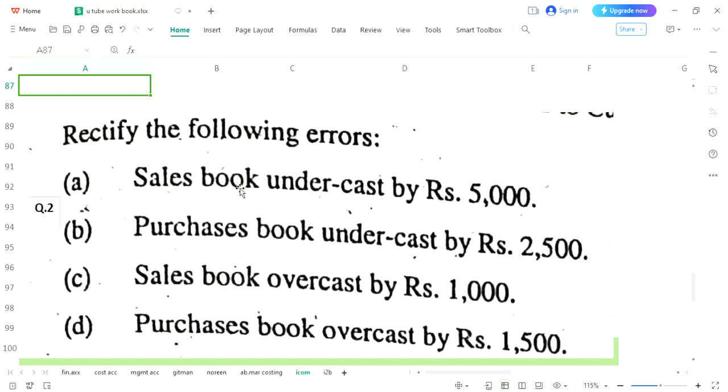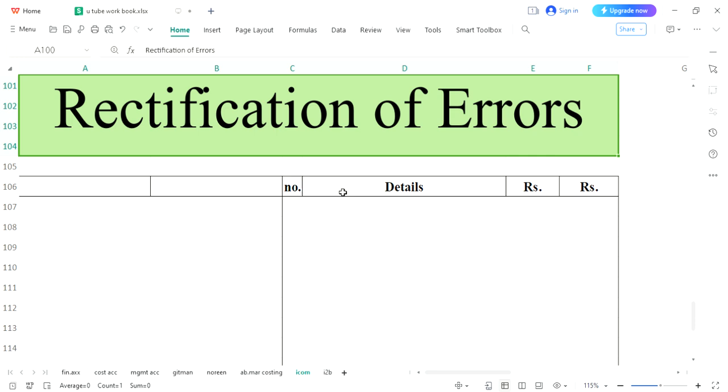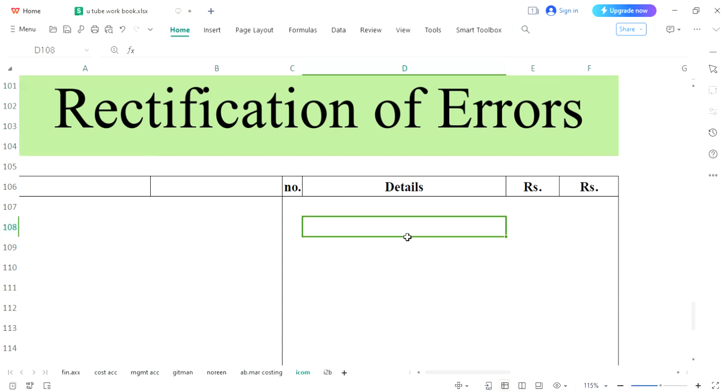Alright. First thing first, sale book undercast. We will be focusing upon this word, sale. Sale is your income. Income should be credit, and it is undercast. Undercast means the same side we will choose. Original side of sale is credit. So you will choose this credit side, and here you will write sale because it was undercast.